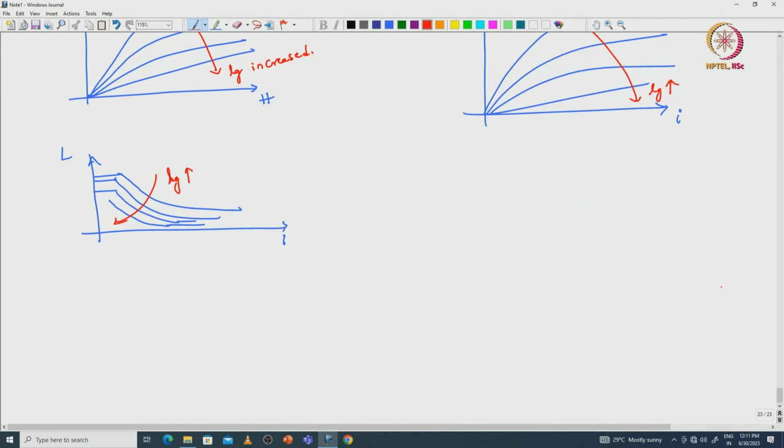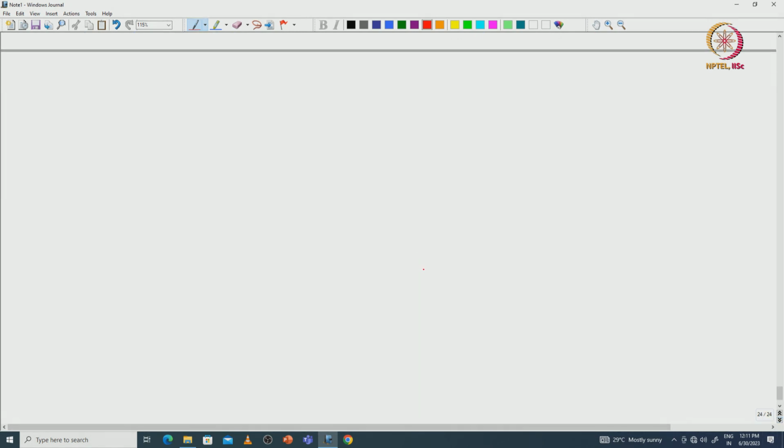We will see one more example by considering the different cross sectional areas or different lengths of magnetic paths.